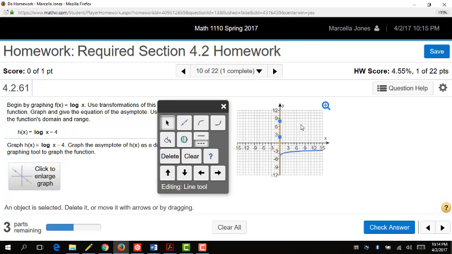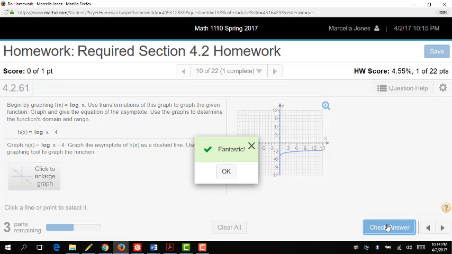And also, we click in the graph once we have the line determined, and once these are blue, we now have the graph along with the asymptote. We're going to check our answer.